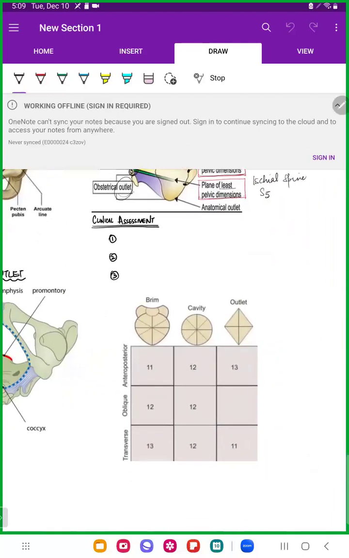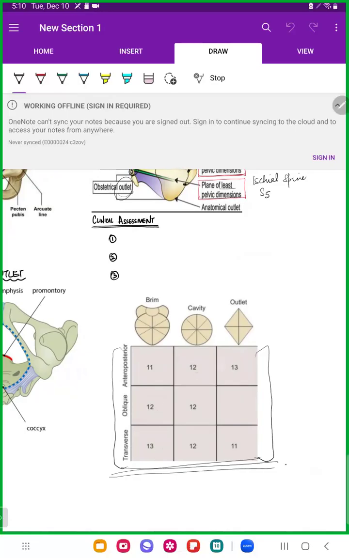For a pelvis to be called adequate, these are the diameters which should be present in the pelvis. If any diameter is less than this, then the pelvis is called to be inadequate. So this is a very simple formula for a pelvic brim or pelvic inlet. AP diameter should be 11/12 and transverse 13.